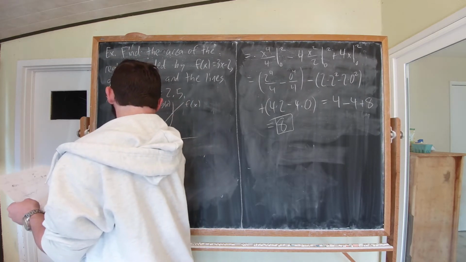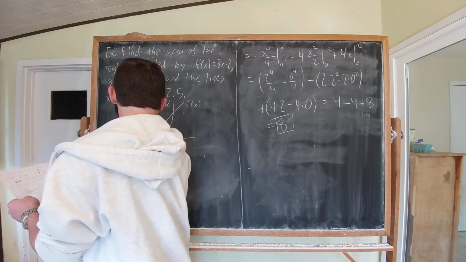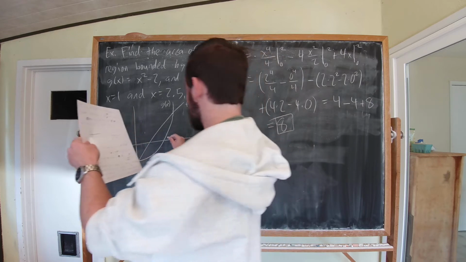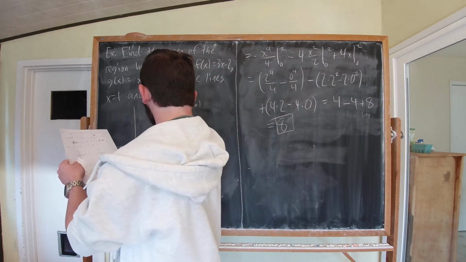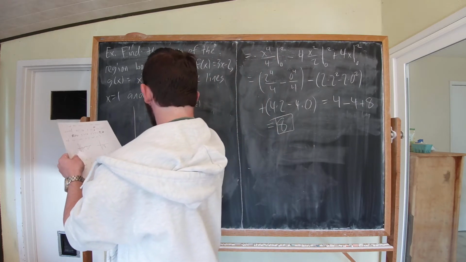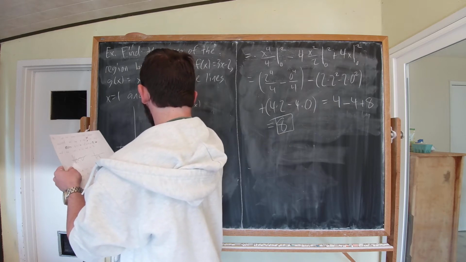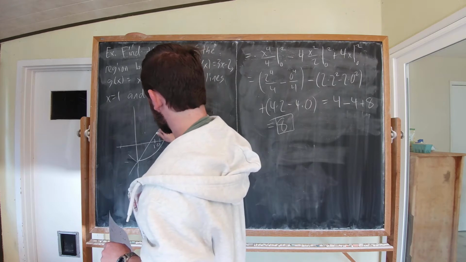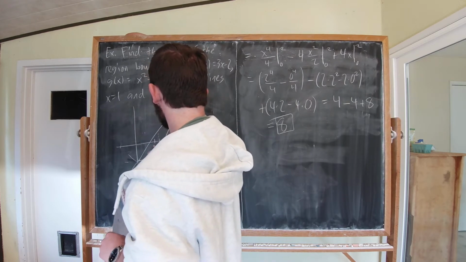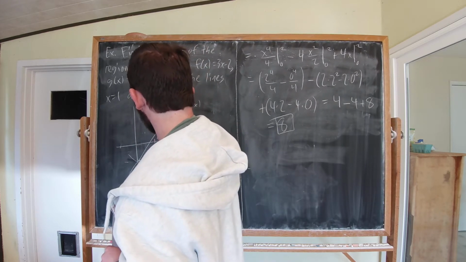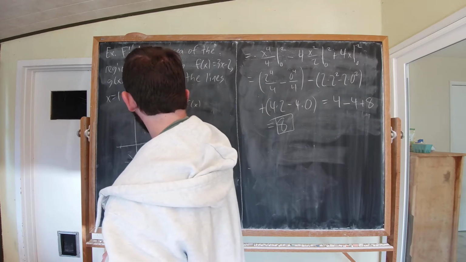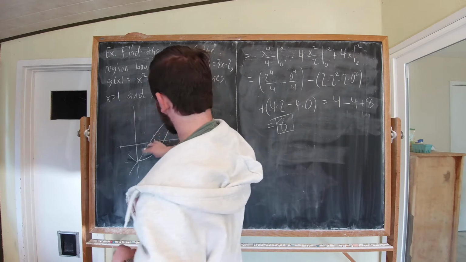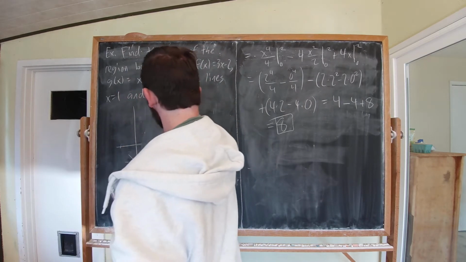This would start curving back up, start going back down. And let's see here. 1 is roughly here, and 2.5 is like here-ish. So we're really looking for a region that looks kind of like this. That's very much not to scale, so let me scale that a little bit better for us.